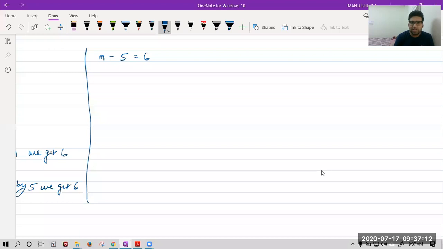If I write like this, m divided by 5 equal to 6, how will you write this? Yes, m divided by 5 equal to 6.